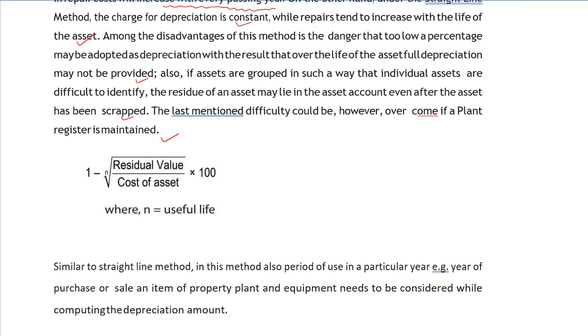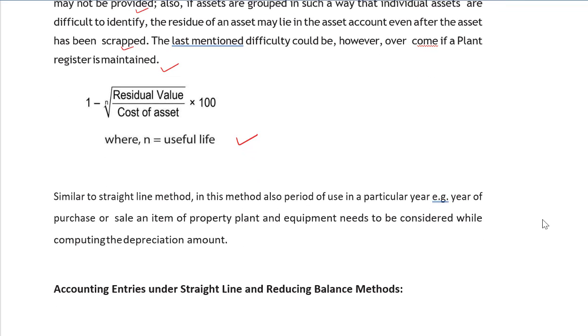Let us see the formula for calculating the WDV. This is 1 minus n under root, that is number of years, residual value divided by the cost of the asset, multiplied by 100.